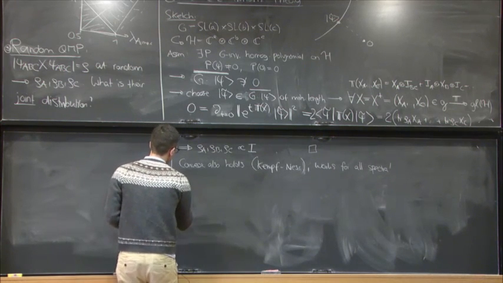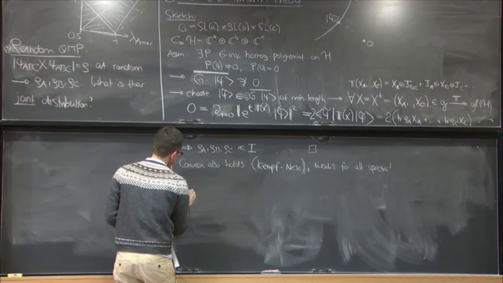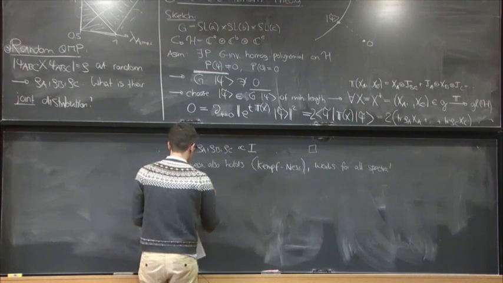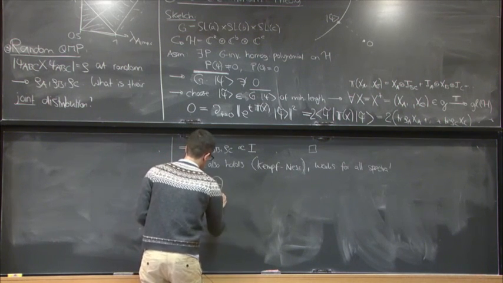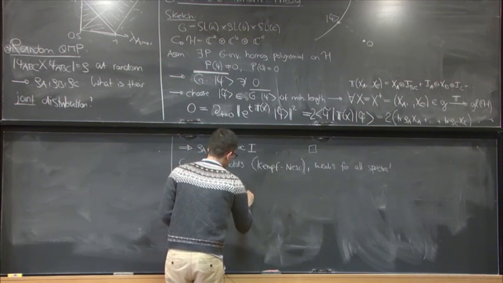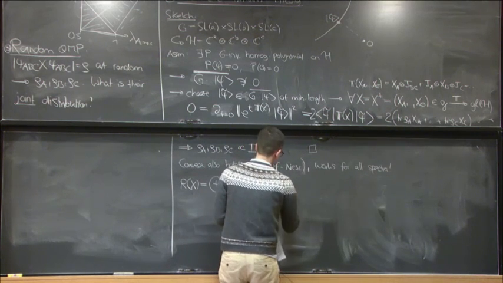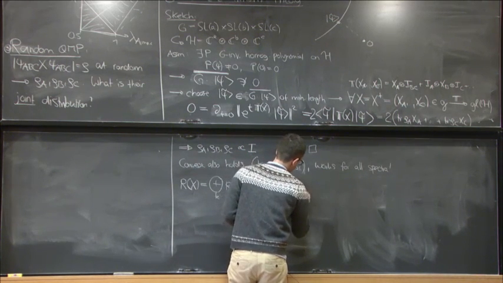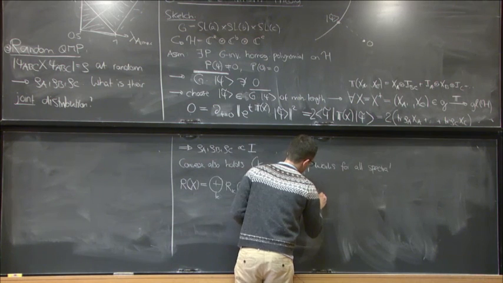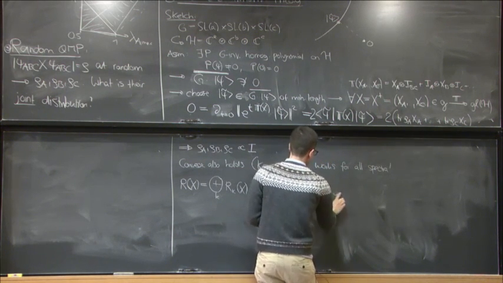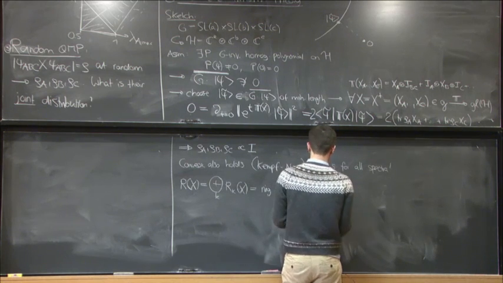So let me do this concretely and define R of some set X. I'll be a bit sketchy. So this is the ring of polynomial functions on. Now I have to make this precise.